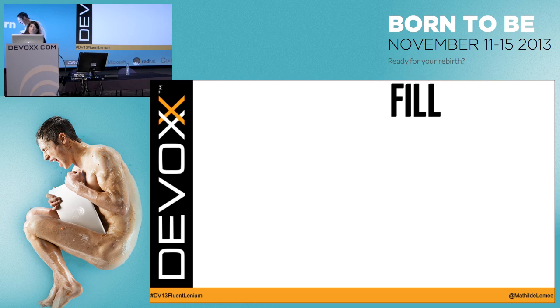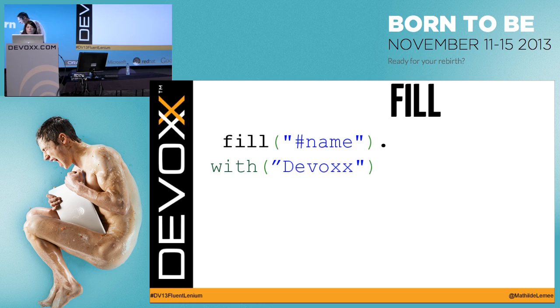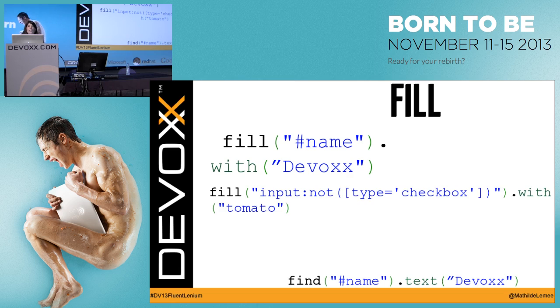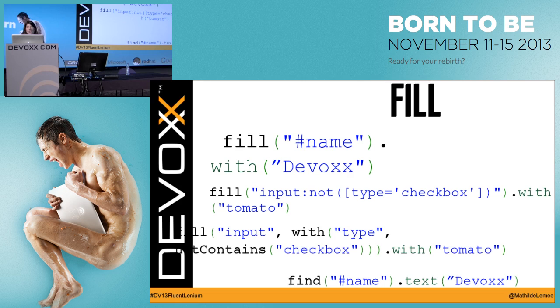You want to fill your form with the values you want. So you can fill the element with the ID name, with the value devax. You can do the same thing using the find way of doing it. That's a CSS selector. That means select all the inputs that don't have the type checkbox, and you fill them with the value tomato.